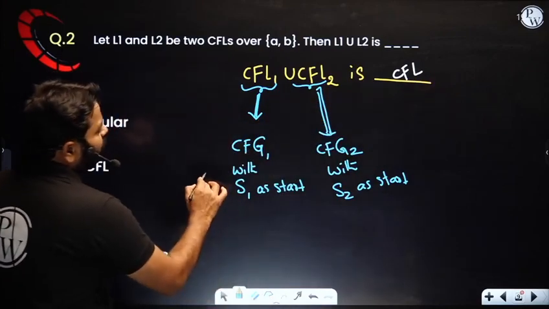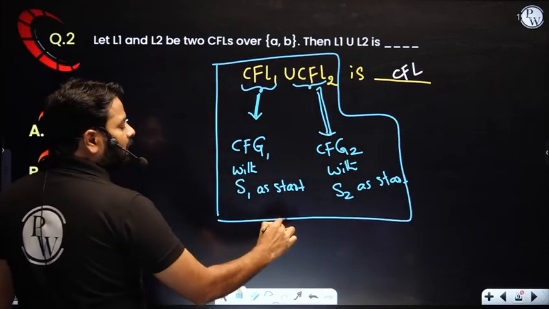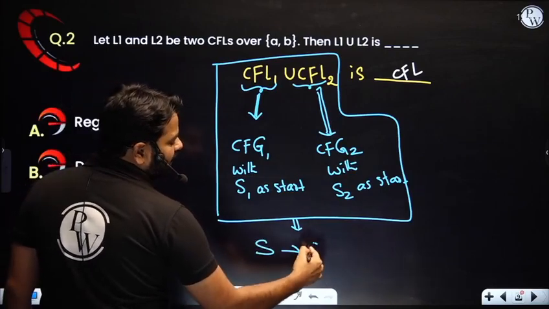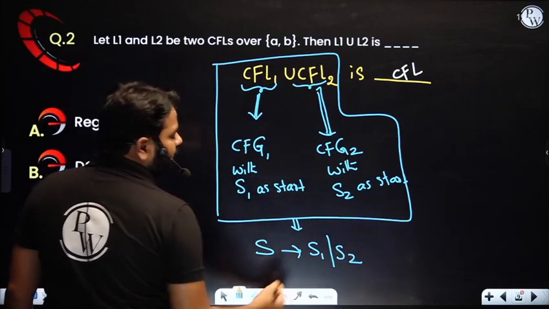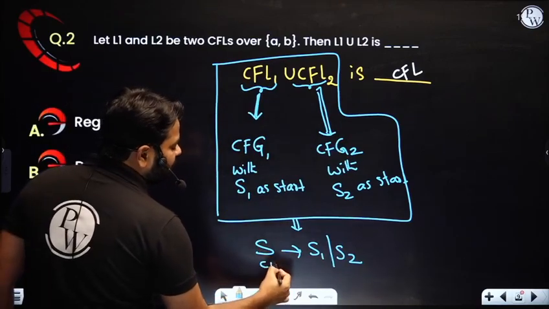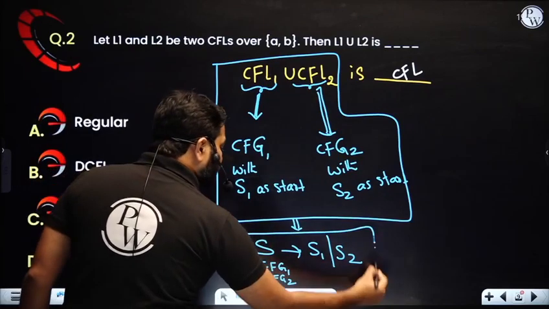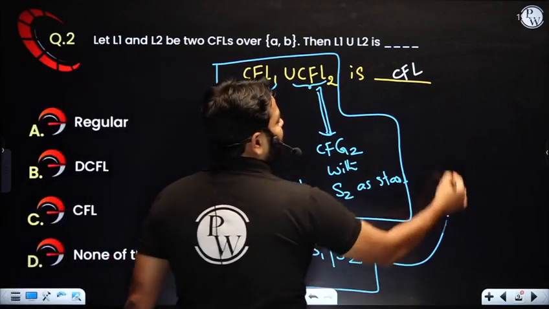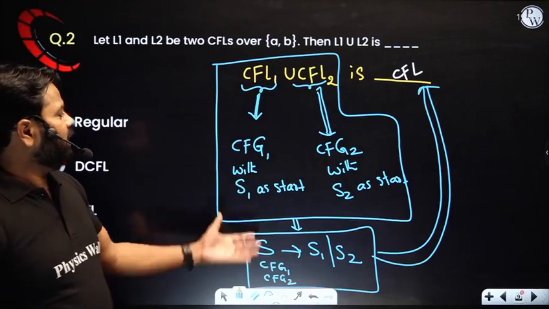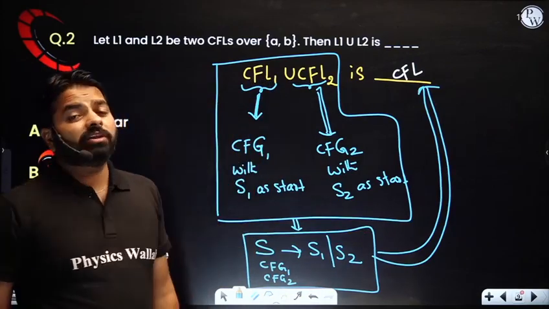You can write a new grammar: S arrow S1 or S2, and keep the grammar of CFG1 and CFG2 just below this, copying both. This new grammar definitely generates the union language, no doubt about it. So the union of two CFLs is always CFL.